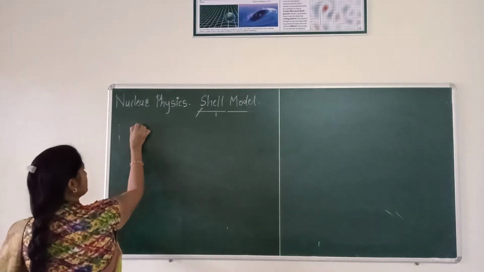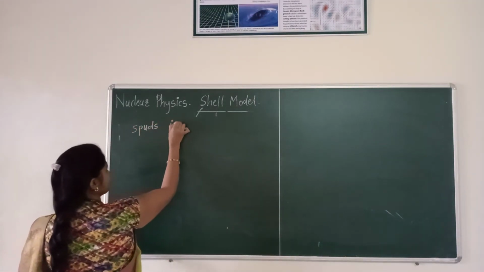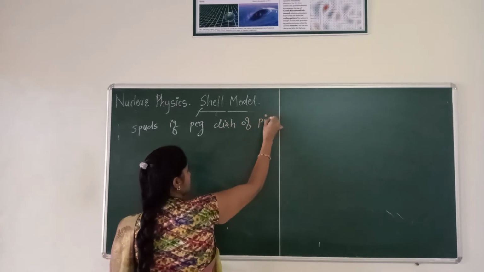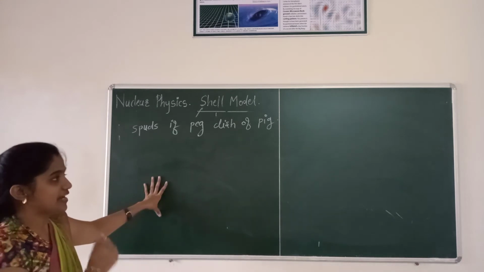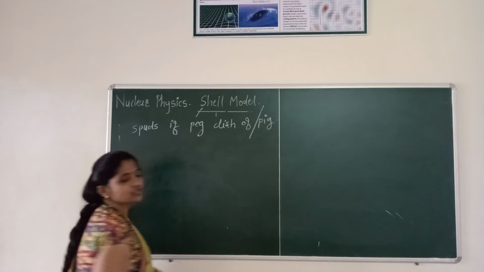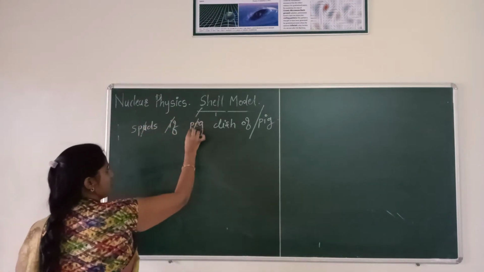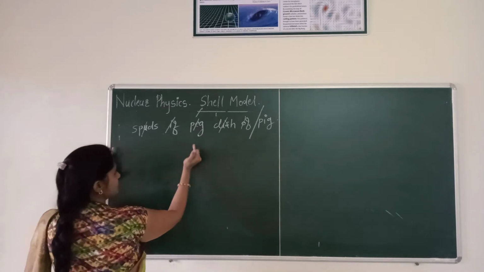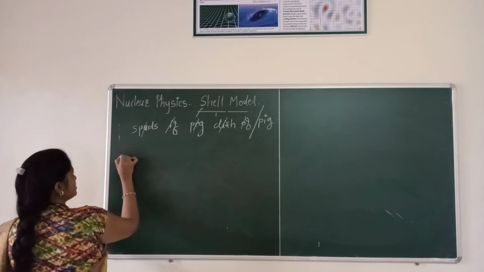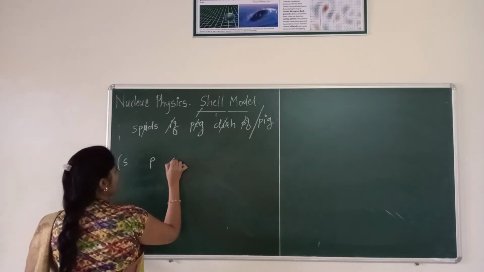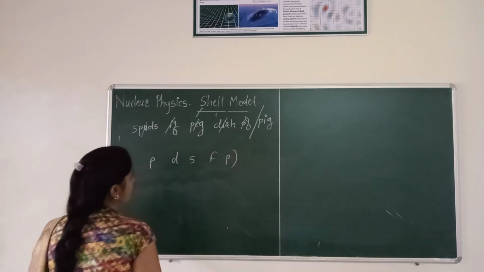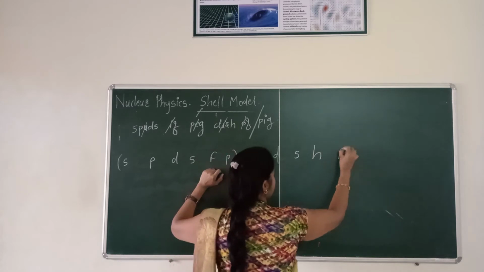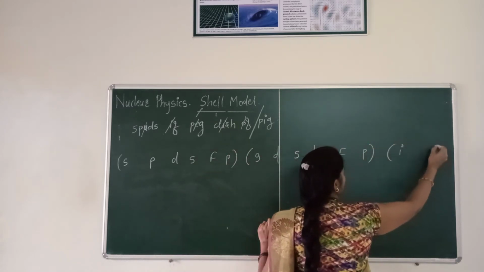Just write the word for writing the nuclear configuration. Now, we have to eliminate A, E, I, O, U, and write the remaining alphabets in the form of 6, 6 and the remaining 2 as they are. Means write as spdsfpgdshfpig.